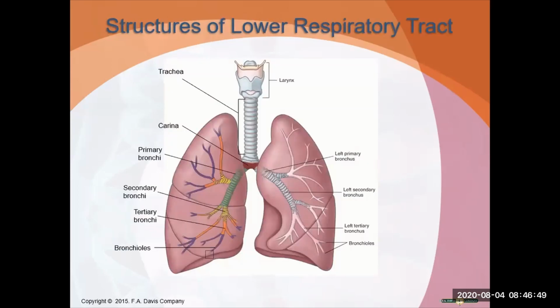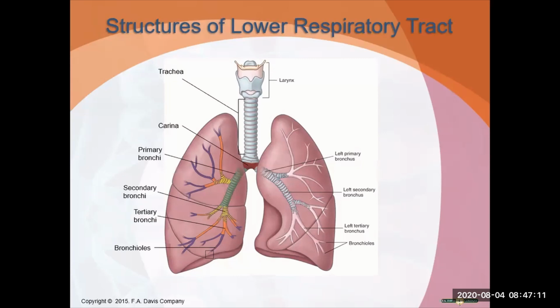Number 4 is, inhaled food or foreign objects are most likely to lodge in which part of the respiratory system? Is it A, the pharynx, B, the right bronchus, C, the left bronchus, or D, the bronchioles?